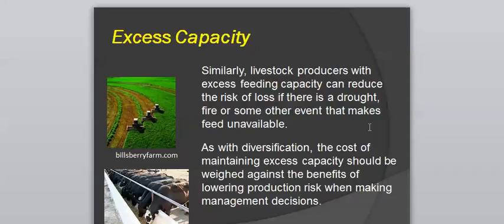It costs extra money to have more than a year's worth of feed on hand. But as with diversification, the cost of maintaining excess capacity should be weighed against the benefits of lowering production risk when making management decisions. So we have to be able to justify the cost of the excess capacity.